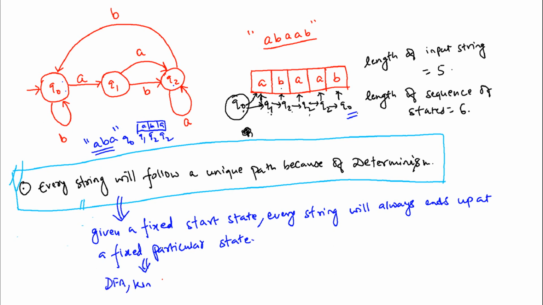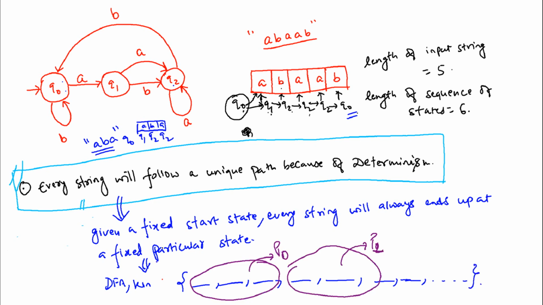We can say that the set consisting of all the strings can be partitioned based on the states they will end up at. So for this DFA, let's say this is a set that contains all the strings possible over an alphabet. P0 represents those strings which will always end up at Q0 if we start scanning from Q0.